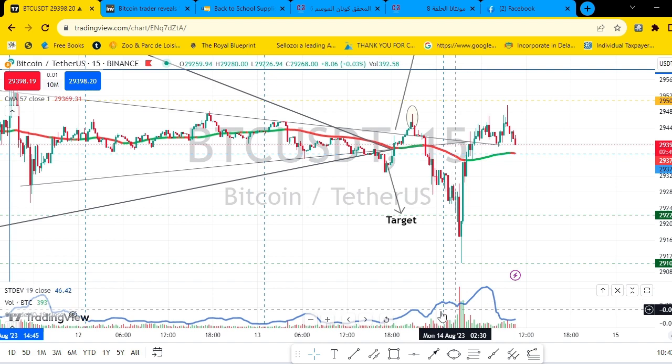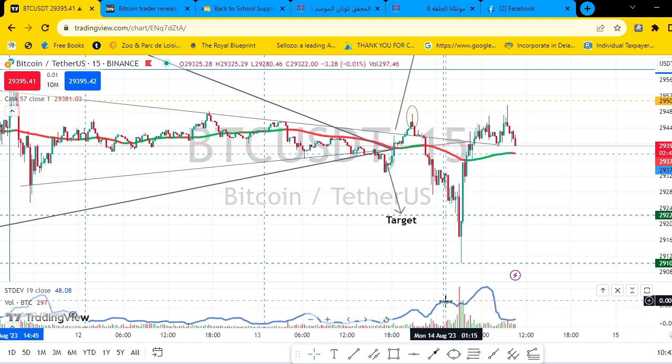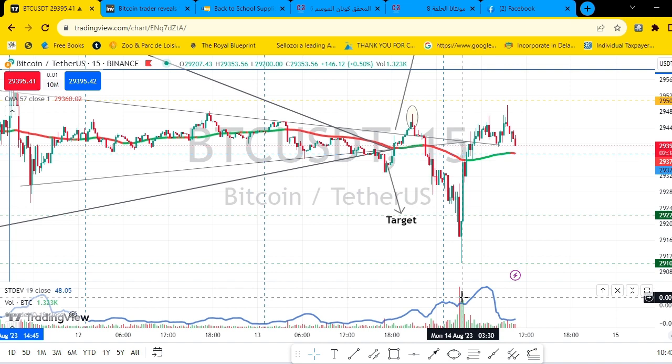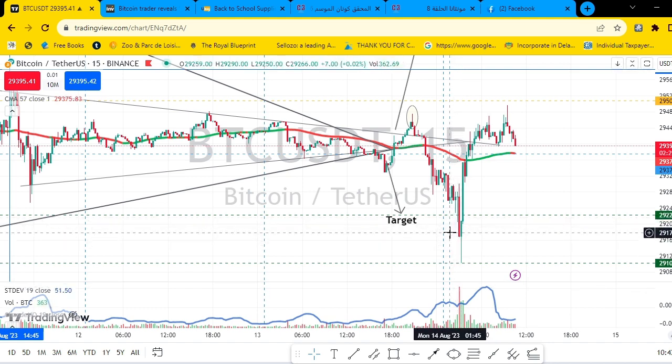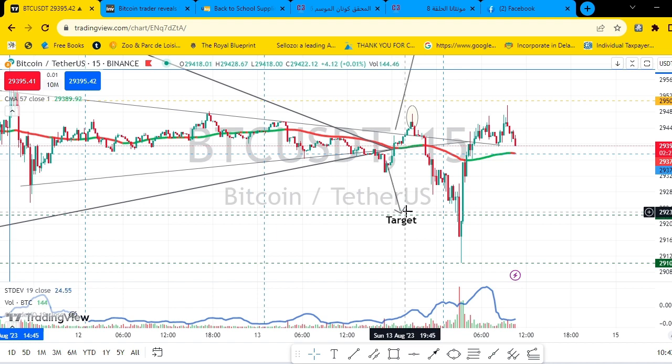And watch the standard deviation. What is it showing us? It is showing us big volume being involved. Big guys entered. Some very unusual movement happened during that session. So actually, the target was hit right here.